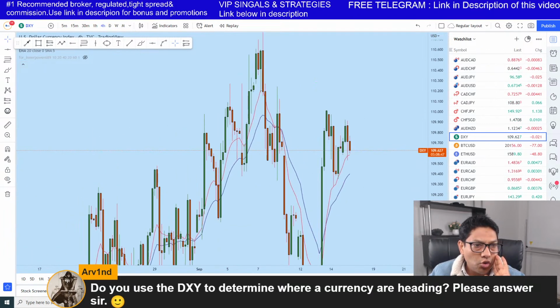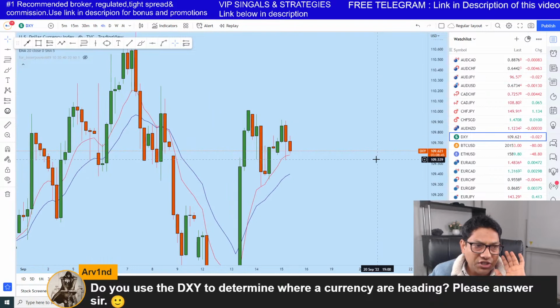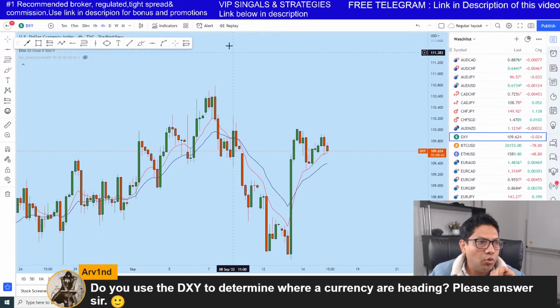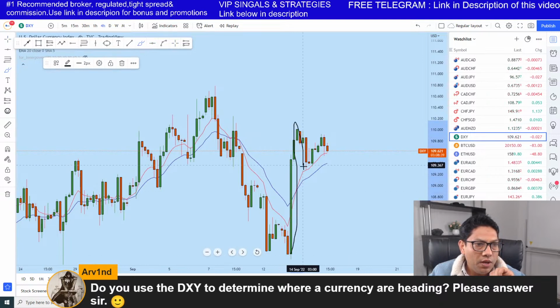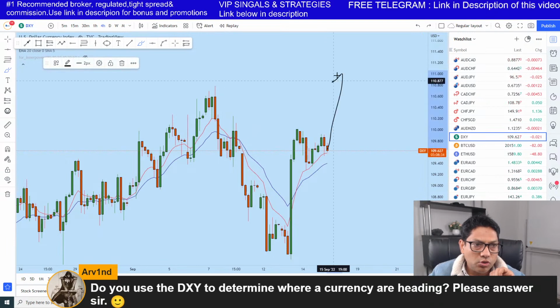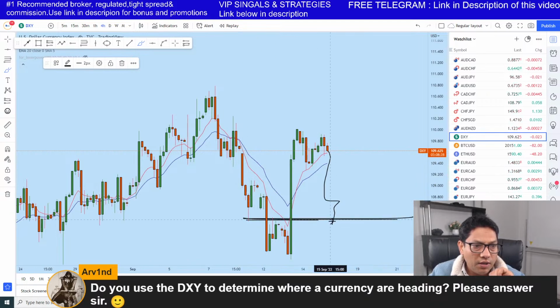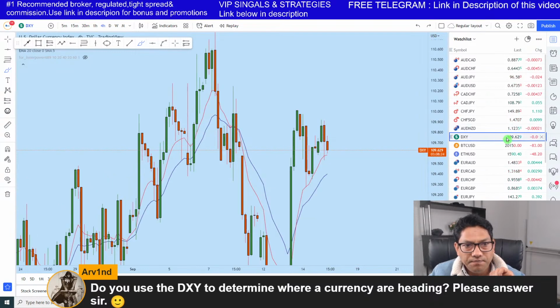On the 4-hour we see there is a big move, right? Now it is consolidating. From here there are two probabilities: to continue to go up, or to drop, probably to test this neckline and then create a bullish move from here. So let's see what happens.